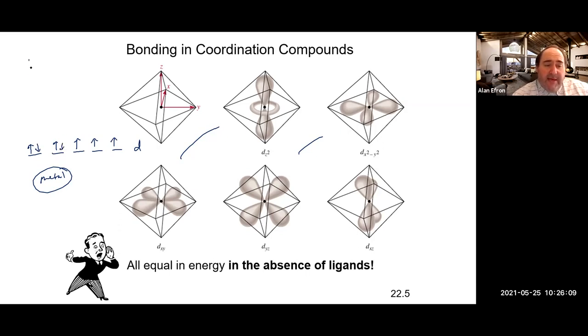When we actually add some ligands, as we will see, we'll get some separation of these d orbitals. Maybe some d orbitals will be higher in energy than others, and that's going to affect how the electrons come into the orbitals.